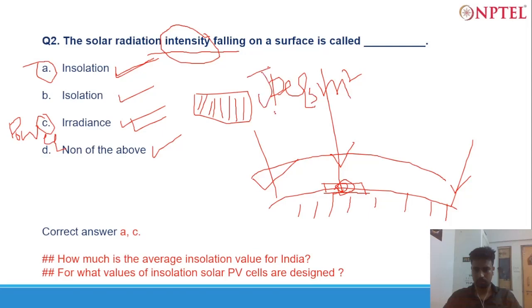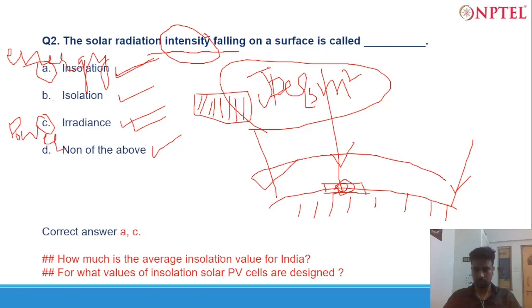So how much energy per meter square per second is received is irradiance. Insolation represents energy: how much solar energy is received at that particular space. And so for this question the correct answer is A and C both. And now the next question, a follow-up question.